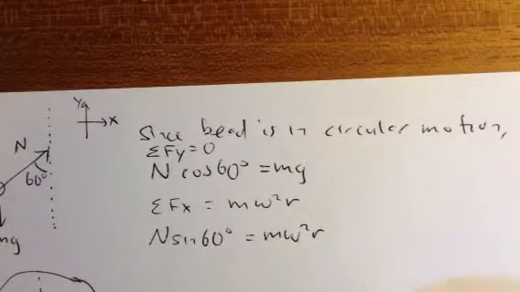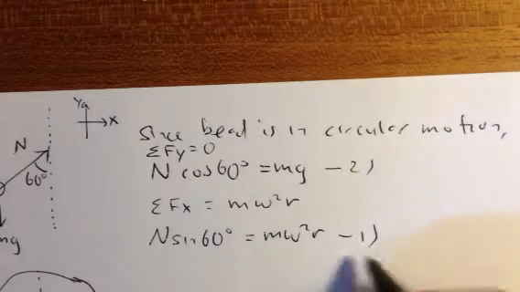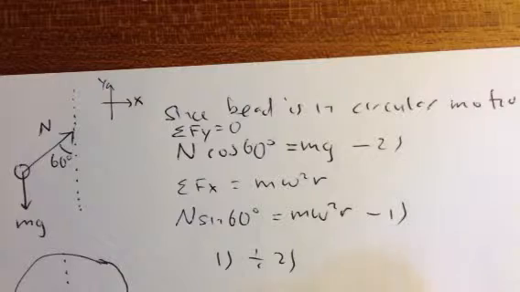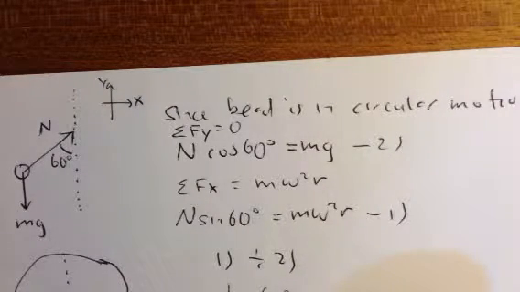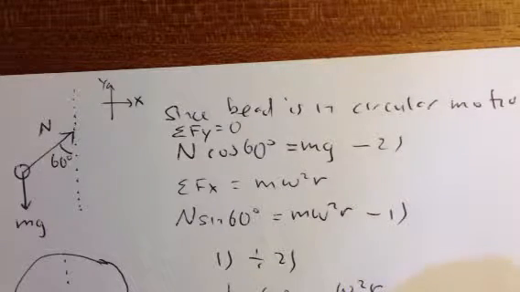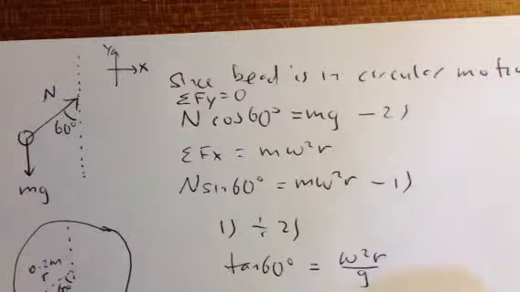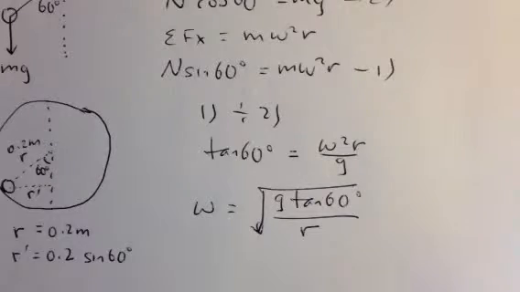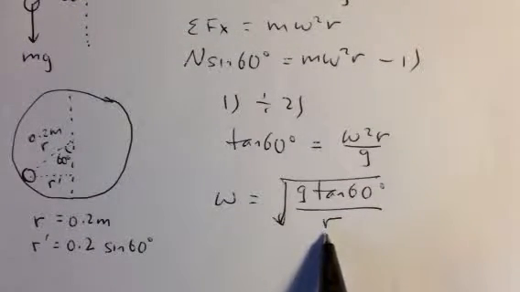Now if this is my equation 2 and this is my equation 1, I do 1 divided by 2, and I should get tangent 60 degrees equal to omega square r over g. Therefore omega equals the root of g tangent 60 degrees divided by r. Now this is where a lot of people get it wrong.